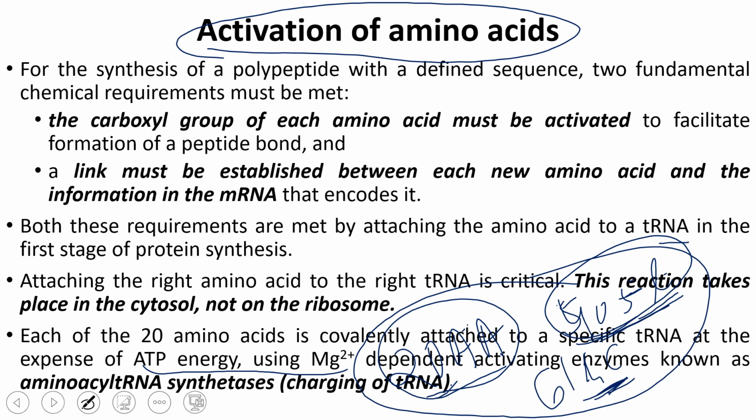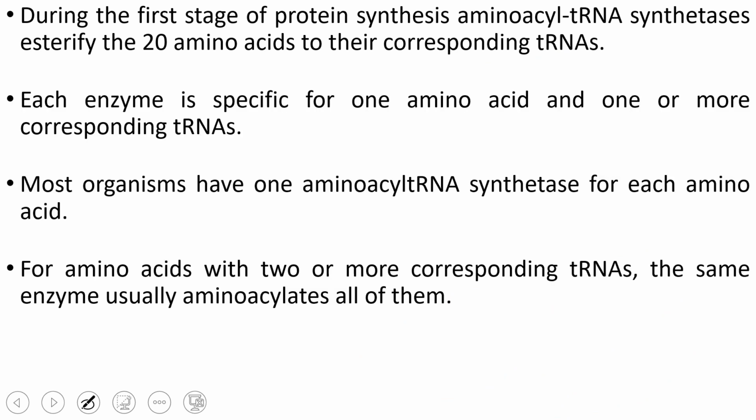And aminoacyl tRNA synthetase is a common name for every amino acid. We can have a specific name. ठीक है, जैसे ग्लाइसाइल, एलालाइल, इस तरह से नाम हम कर सकते हैं.